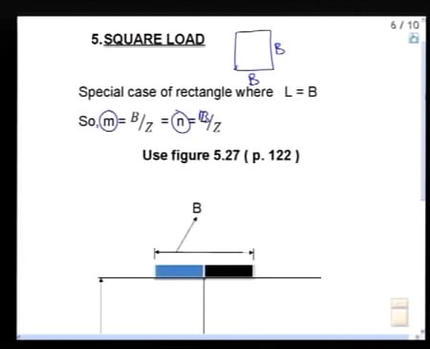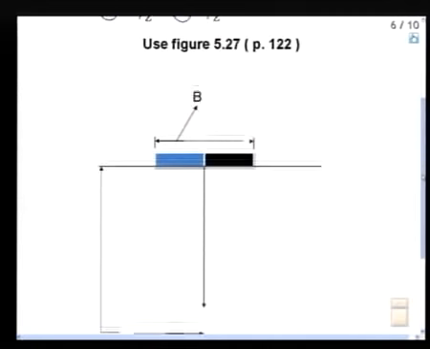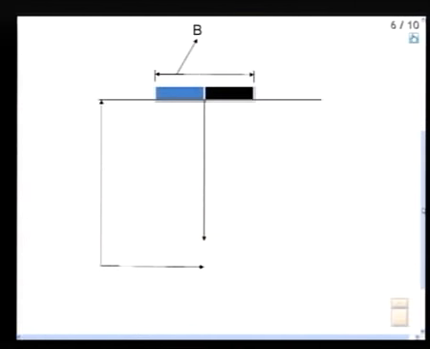Figure 5.27, page 122. Now, in this page, what do we have? We have a footing like this, a square footing. This distance is B, right?